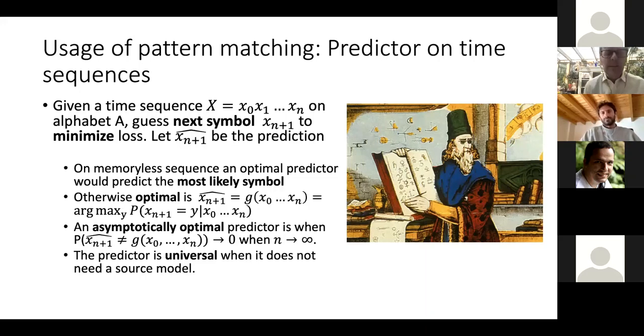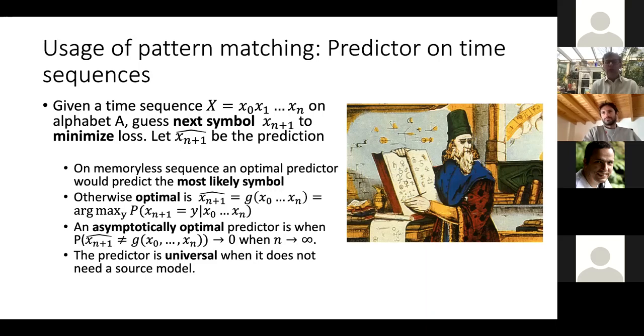An asymptotically optimal predictor is one where the probability that you don't find the most likely symbol tends to 0 when n, the truncation position, tends to infinity. There are many predictors, but for most predictors you need to have a model.